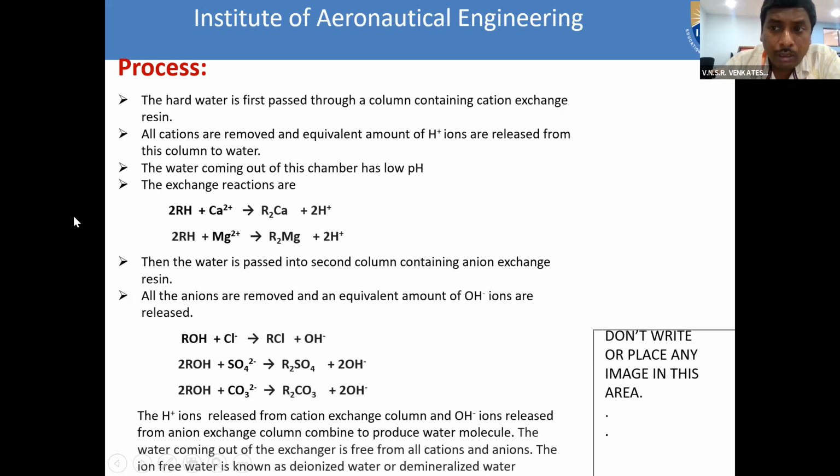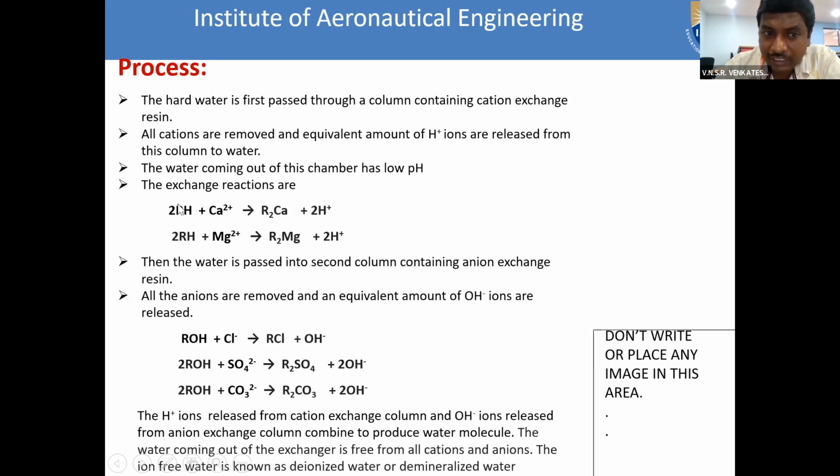I think all of you know the salts that cause cationic hardness: both calcium and magnesium ions. And you know the representation for a cation exchange resin, RH. So by taking the example of calcium, if water contains the hardness-causing salt of calcium, and the resin is the cation exchange resin, it is represented by RH. What happens?